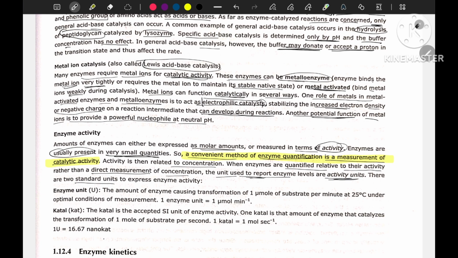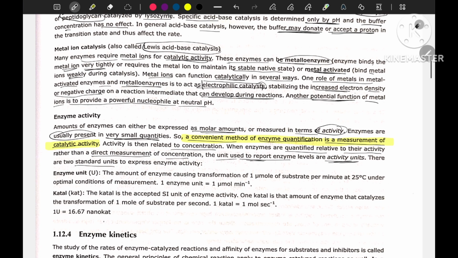There are two standard units to express enzyme activity. Number one, the enzyme unit, U. It is the amount of enzyme causing transformation of 1 micromole of substrate per minute at 25 degrees Celsius under optimal conditions of measurement. One enzyme unit is equal to 1 micromole per minute.